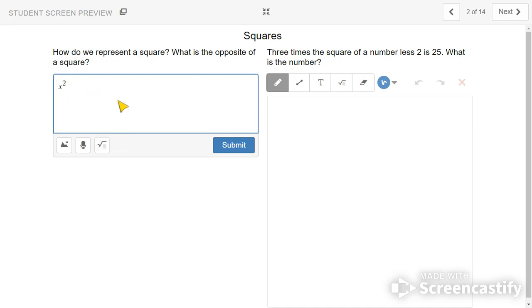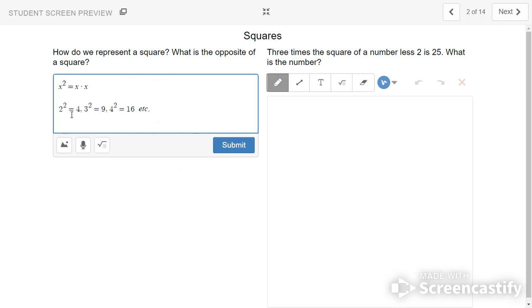What it means is I have a number and it's going to be multiplied by itself. So for example, 2 squared is equal to 4. 3 squared is equal to 9, 4 squared is equal to 16, so on and so forth.